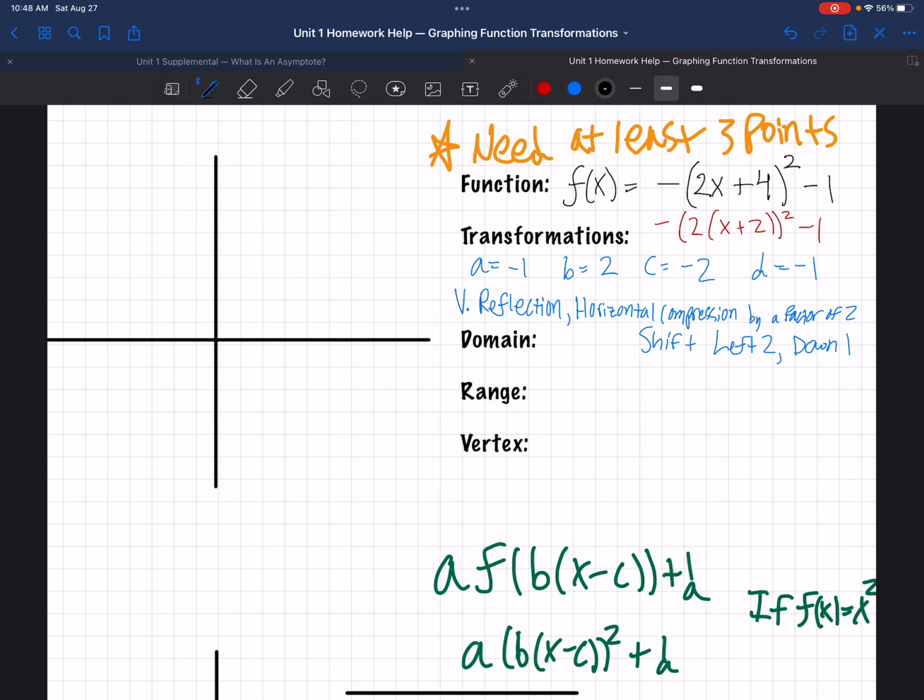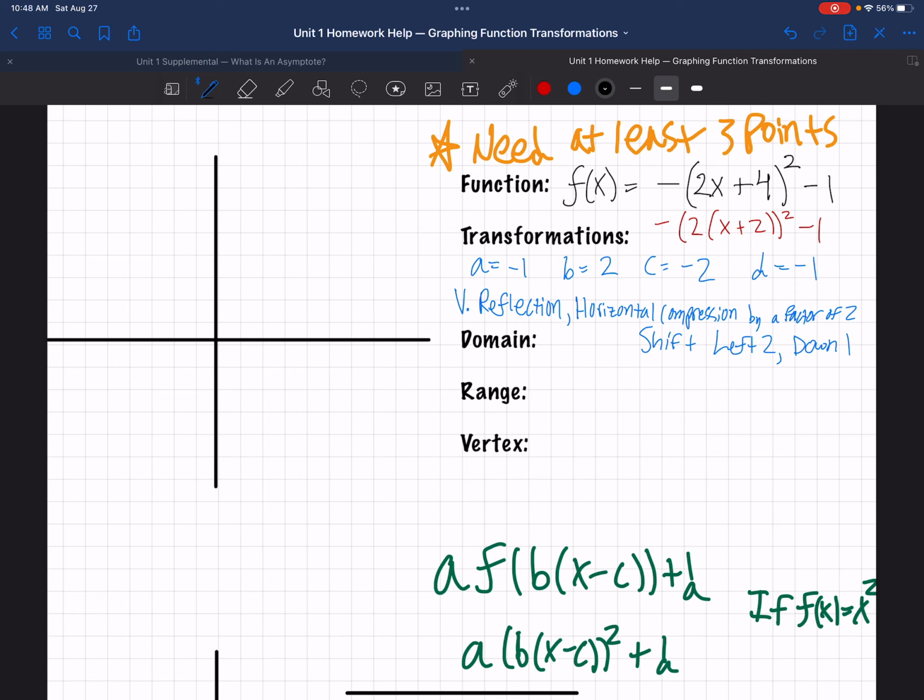I would always start with a vertex if the function has a vertex. We're going to talk about this more in each unit as to what point you need to graph. But for now, just think whatever the defining point is for a graph.